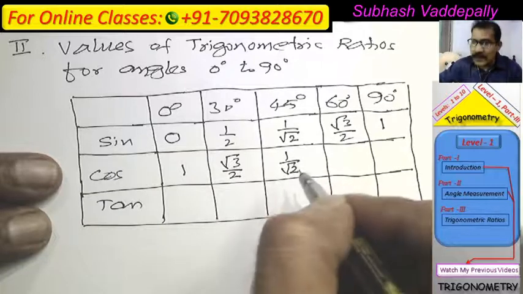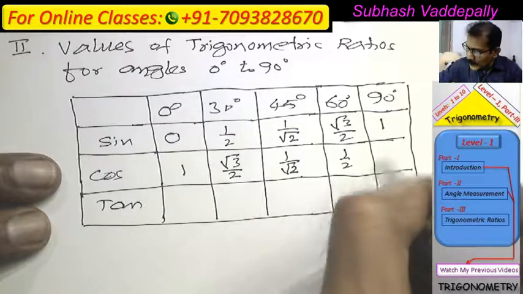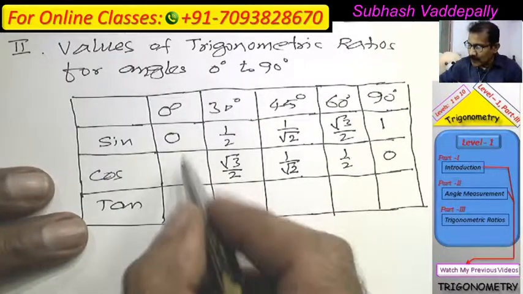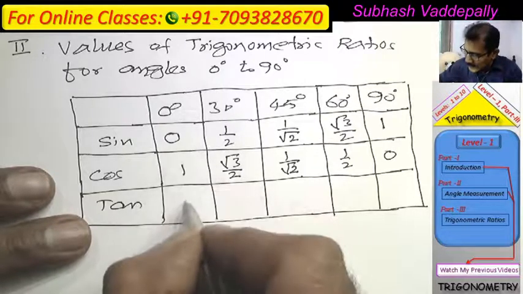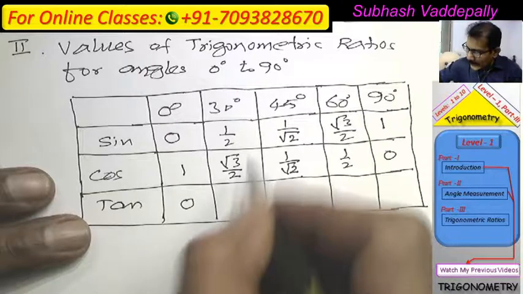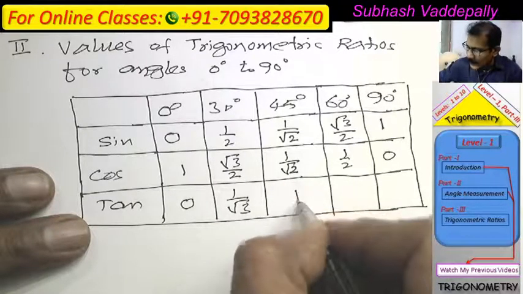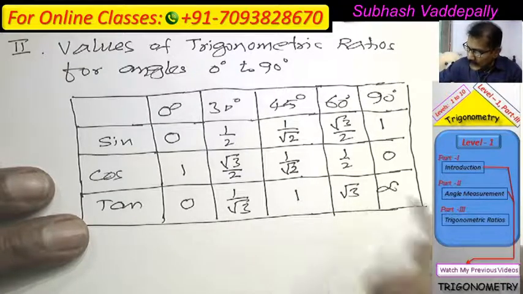Sin 45 and cos 45 take the same value, and cos 60 is 1 by 2, and cos 90 is 0. Then tan is sin by cos. From these above 2 rows you can write the tan values. That is tan 0 is 0, tan 30 is 1 over root 3, tan 45 is 1, tan 60 is root 3, and tan 90 is infinite.